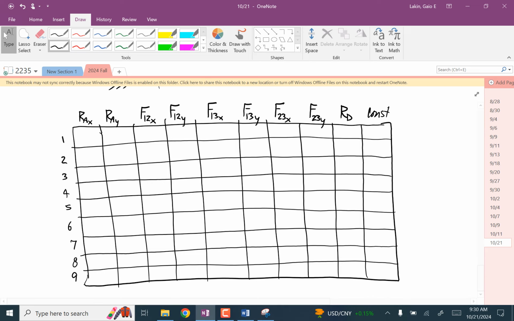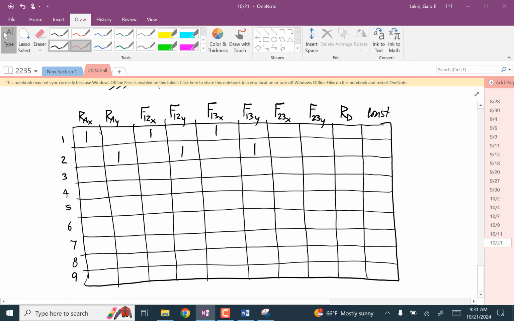For the first equation, F12x, we have 1. RAX, we have 1. F13x, we have 1. And that's it. Equation 2, F12y, we have 1. RAY, we have 1. F13y, we have 1. For the Newton's laws equations, you see that pattern all the time where things are just shifted over 1, because you're going from the x to the y equation.